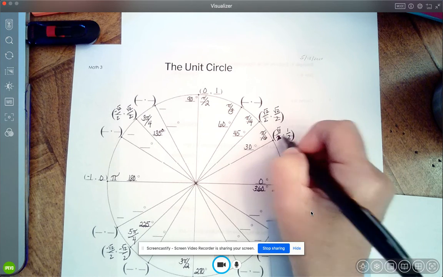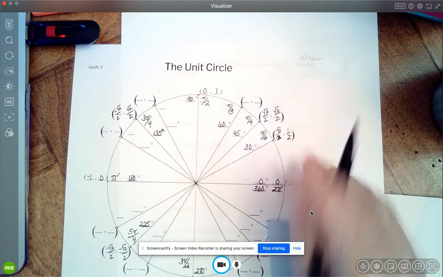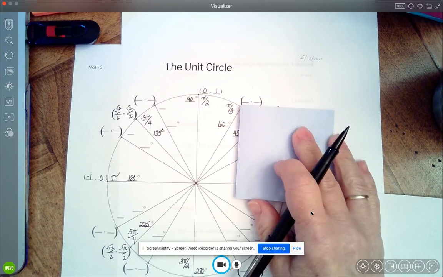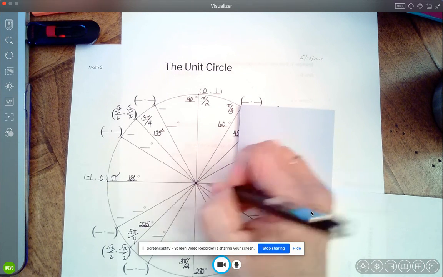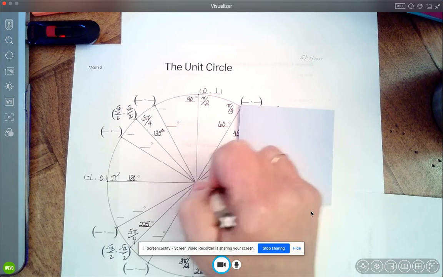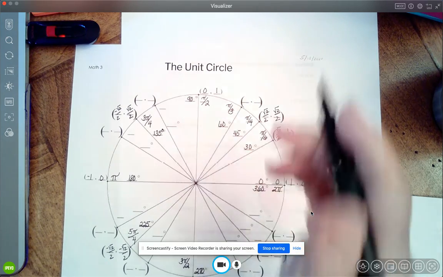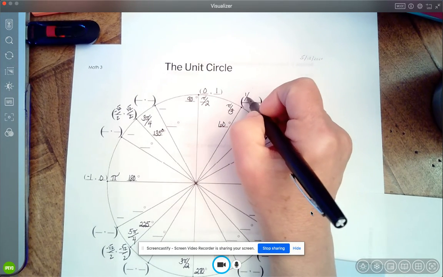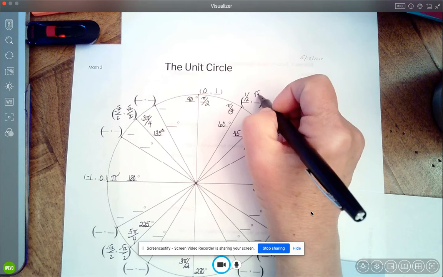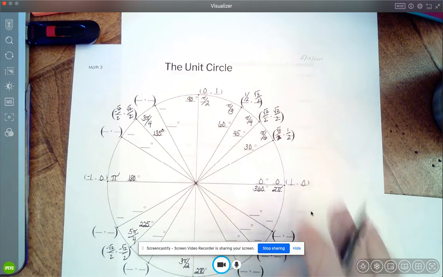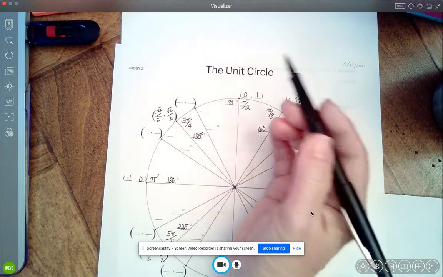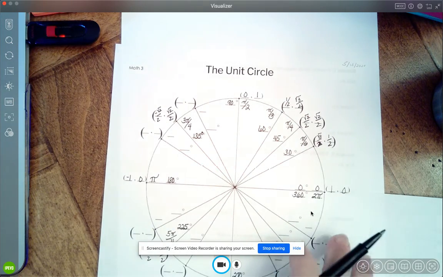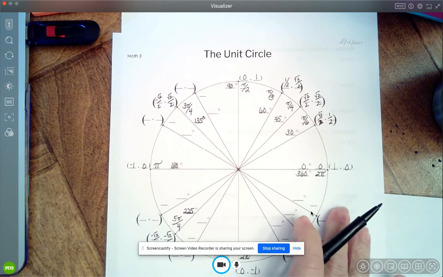Up here, this is the 60-degree angle, this big one down here, and here's my 30-degree angle, so this is my short one. And they're just opposite, 1/2 and square root of 3 over 2. I can take those and apply those all the way around this unit circle.